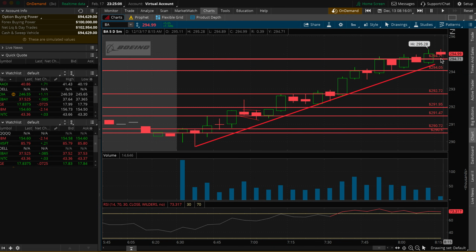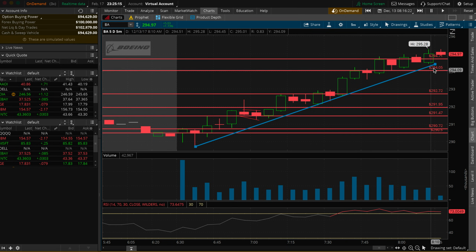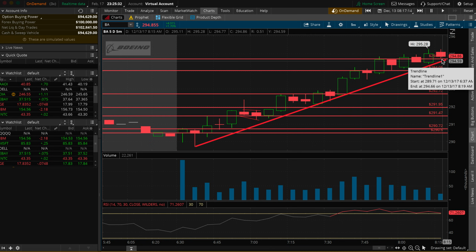All right, this is our support. Trend line still intact. So this trend line and this support are almost hitting each other. So that's strong support. If it breaks through both of these, then we're going to sell some.